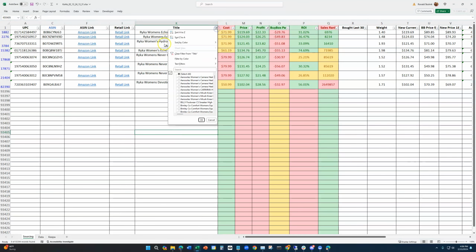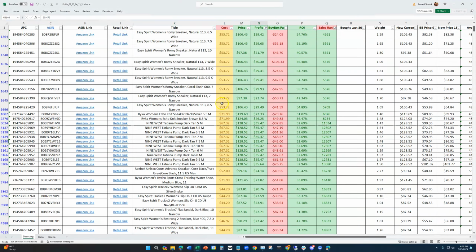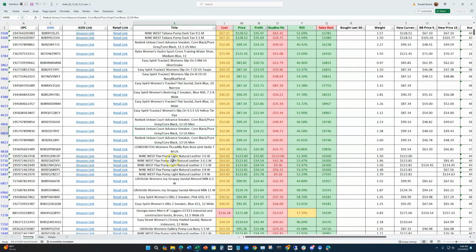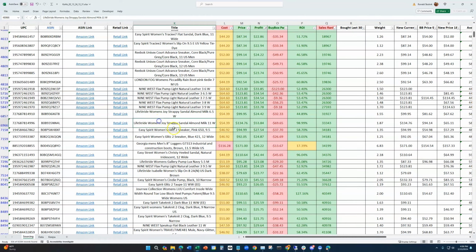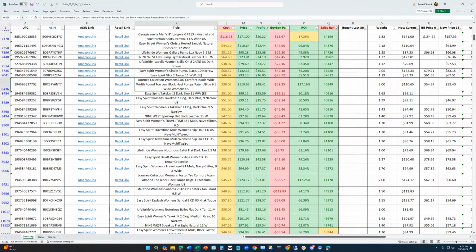So again, we go back to our list. Maybe I take Rika out of the filter. So I just do clear filter from title. This is still looking at the profitable ones, but you can see there's a lot of different brands in here. Reebok, Nine West. I've sold Lifestride before. That's a good one. Journey is a good one.